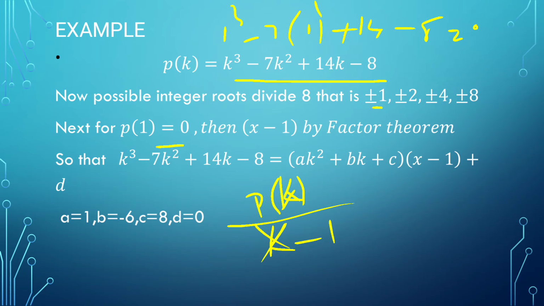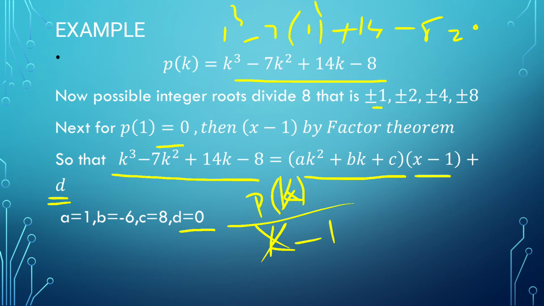So that's the reason we are saying our remainder, if you expand this, P(k) will be written like a quadratic equation times our x minus c plus a given d. But we obviously know that the remainder will be 0, so d will be 0 there. If you want to solve for the values of a, b, c, you normally equate the coefficients.